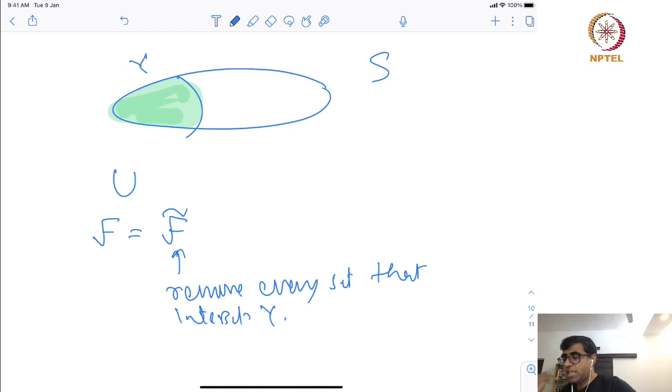You only keep those sets in F tilde which need to be hit. This is how you can get a disjoint compression version of the problem for 3-hitting set.